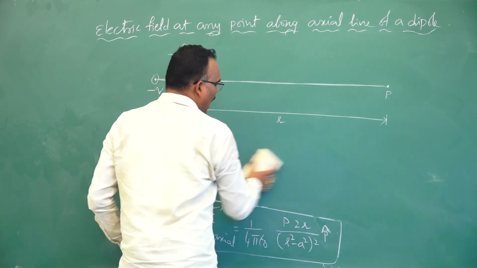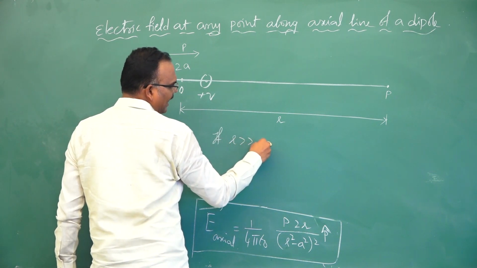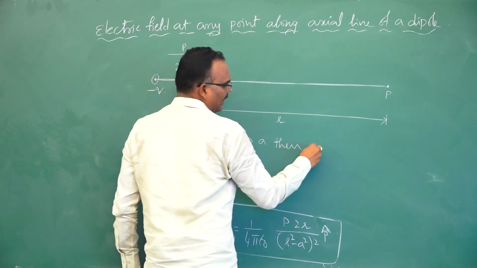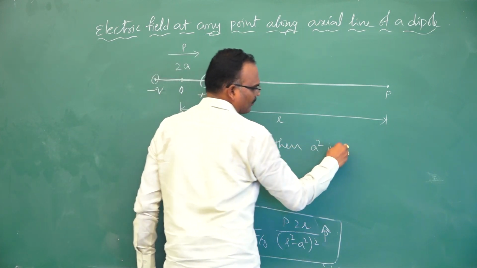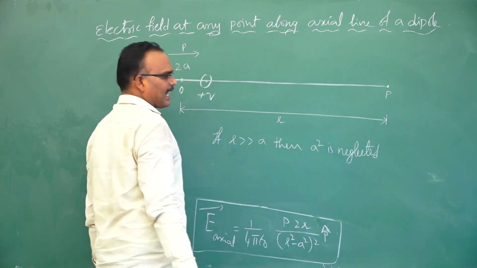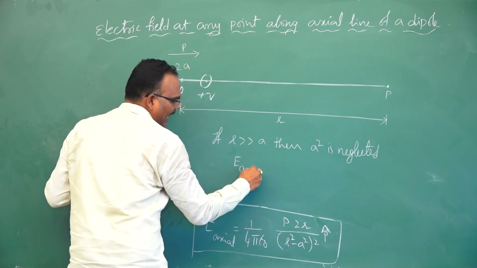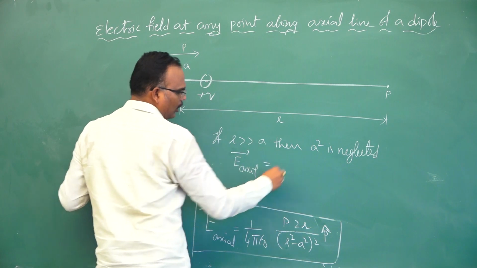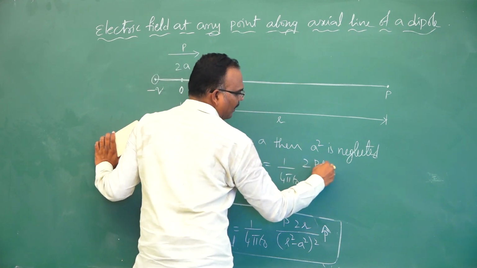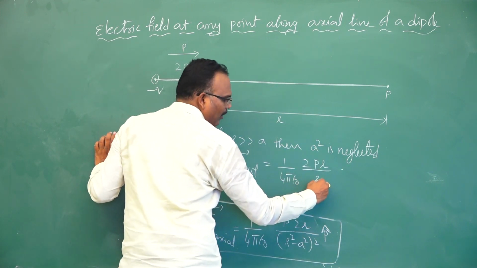So if r is greater than a, then a square is neglected. Then we will write electric field along the axial line is equal to 1 by 4 pi epsilon naught 2pr divided by, a square is neglected, then it will be r power 4.